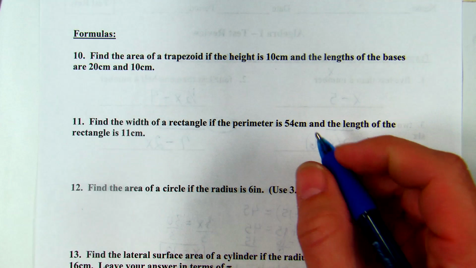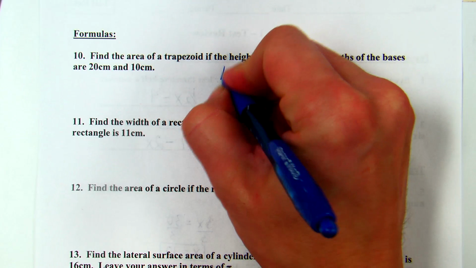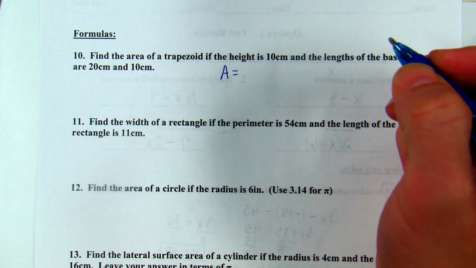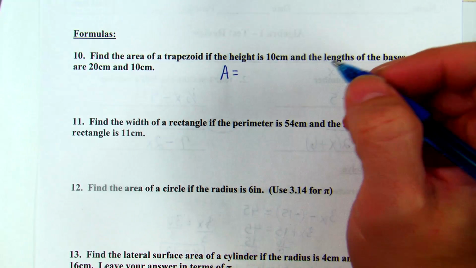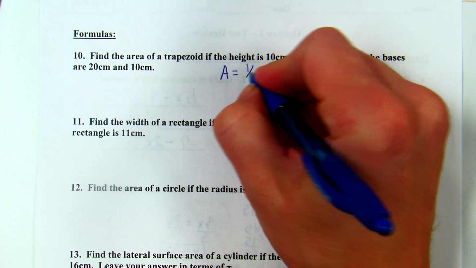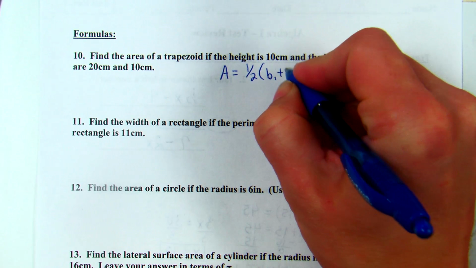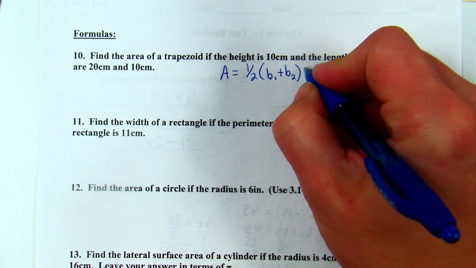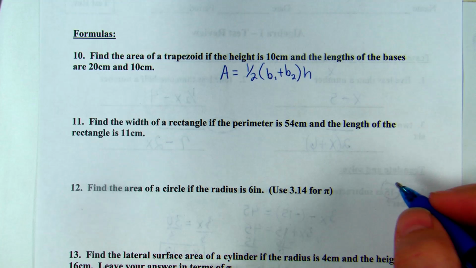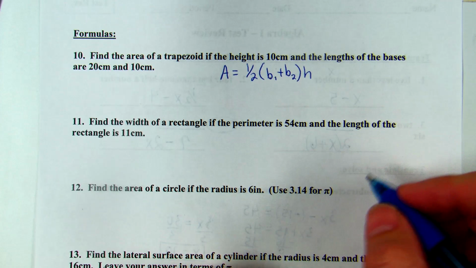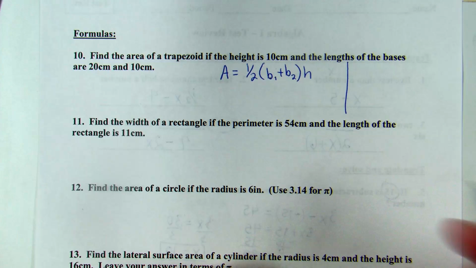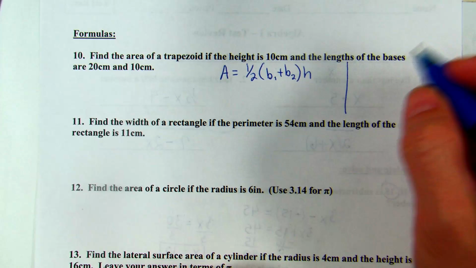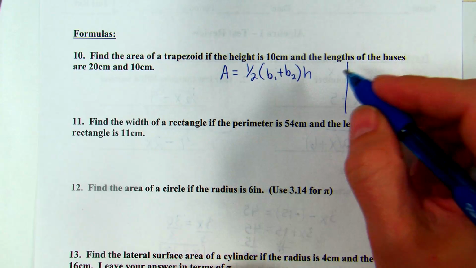The area of a trapezoid we can find on our formula chart, or obviously you can Google it as well. Area of a trapezoid is going to be 1/2 of base 1 plus base 2 times the height. And as we've been doing on all of our formula problems, we create a key on the right side over here, and we begin to list what the question gives us.